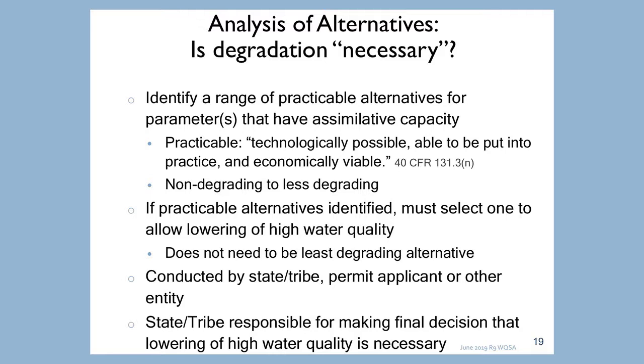You can pick whatever you want, but you have to do one of those. Some states do still require the least degrading alternative, but that is more stringent than federal regulations now. The alternatives analysis can be conducted by anybody, but in the end, it's the state or tribe that takes responsibility for that finding that the lowering was necessary.